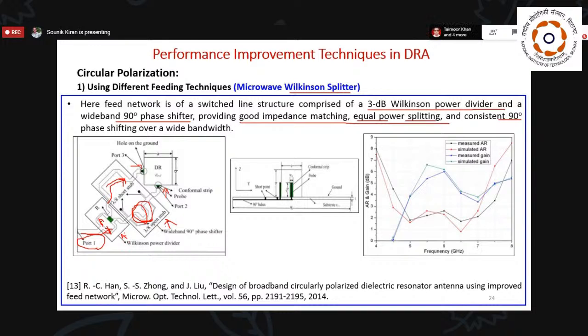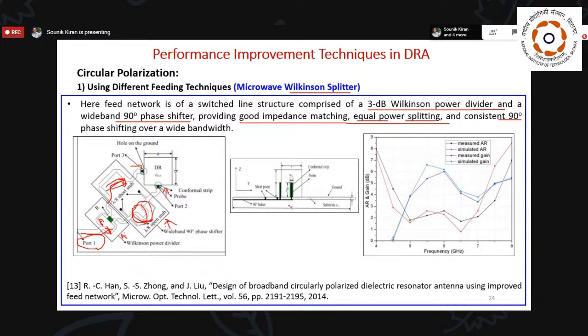One is the Wilkinson power divider, which equally divides the power. Then the phase shifter, which will shift the phase. One signal will be normal, say 0, and the other will be at 90-degree, so that they generate a 90-degree out of phase signal and circular polarization.